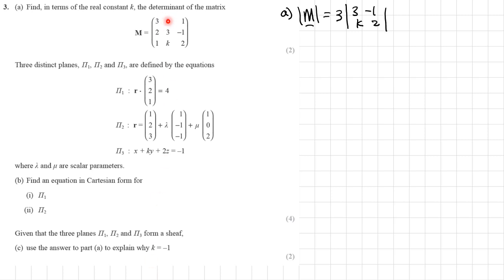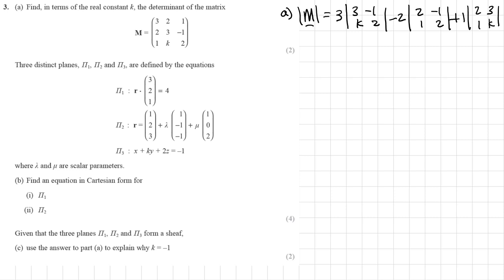Then the next one here is 2, so it's going to be minus 2, and its minor is going to be 2, negative 1, 1, 2, and then plus 1, and its minor is 2, 3, 1, k.